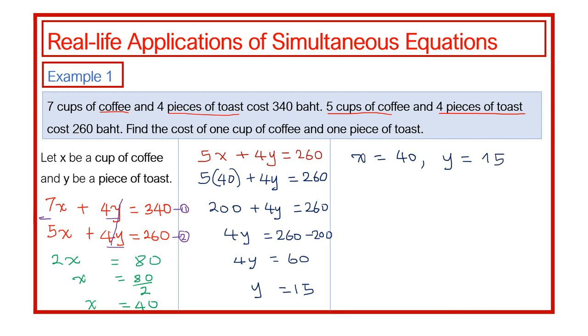But remember, x is a cup of coffee and y is a piece of toast. So 1 cup of coffee equals 40 baht and 1 piece of toast equals 15 baht.